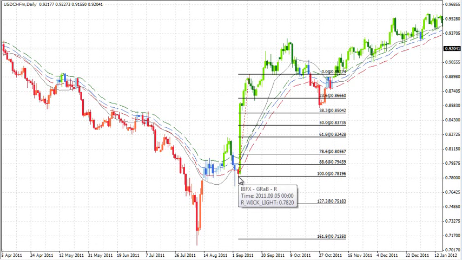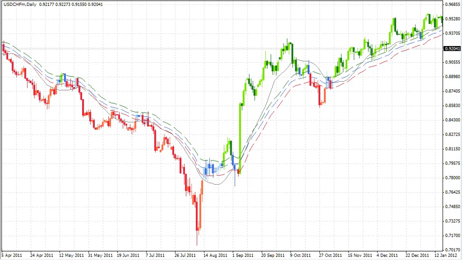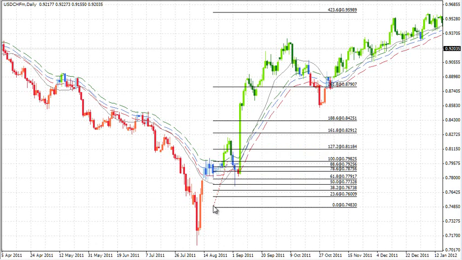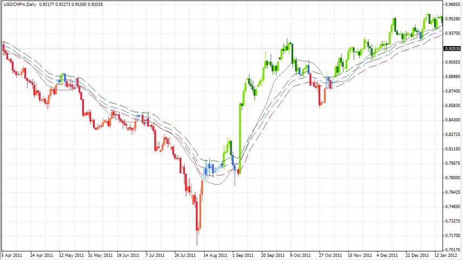Again, very shallow. So once I've made a move, a correction greater than a 23.6 really can't be considered an unretraced move. So this move lower retraced this previous move by more than 23.6. I didn't mean to draw that, sorry. So this move right here is retraced by more than 23.6%.